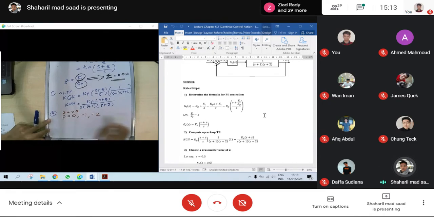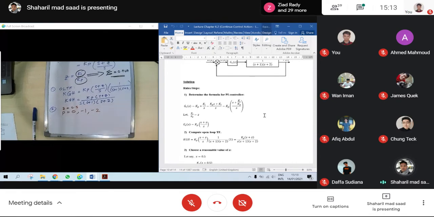Why did I put it at 0.5? You can look at this one. This is the value of your poles: 0, minus 1, and minus 2.